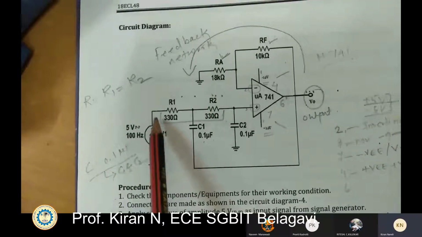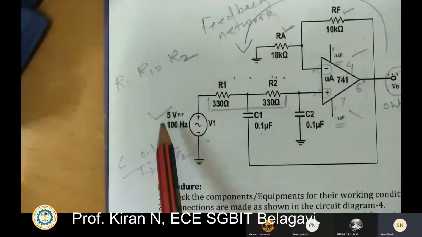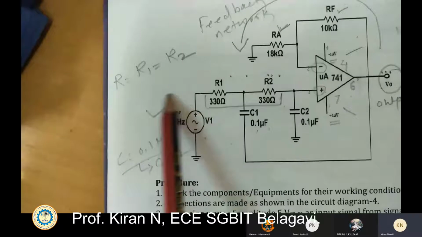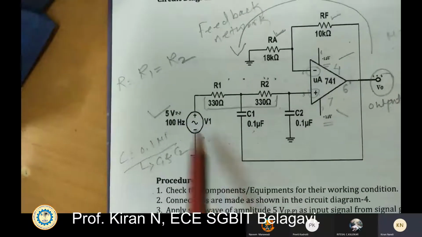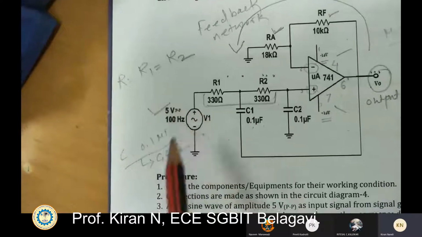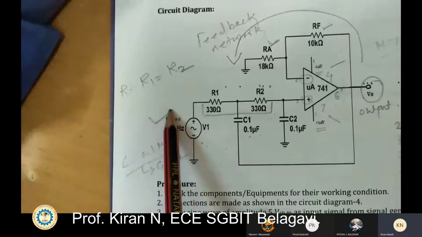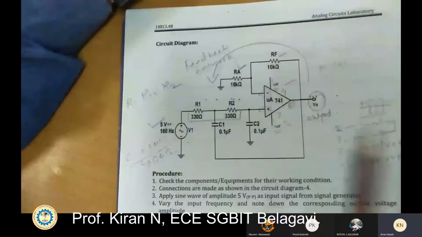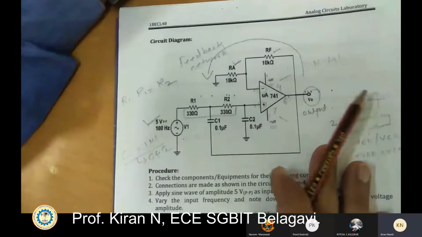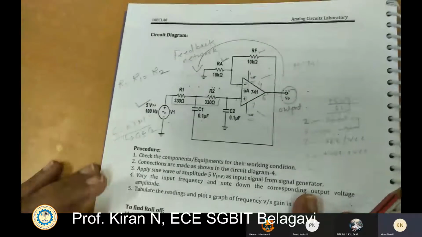The input voltage we set is 5 volt peak to peak, which we have to set through a signal generator. So this is the circuit diagram. Now let's move to the connectivity part.